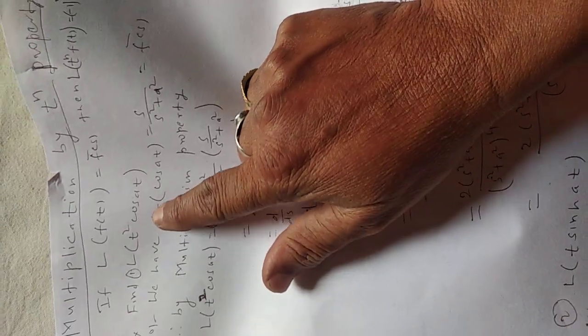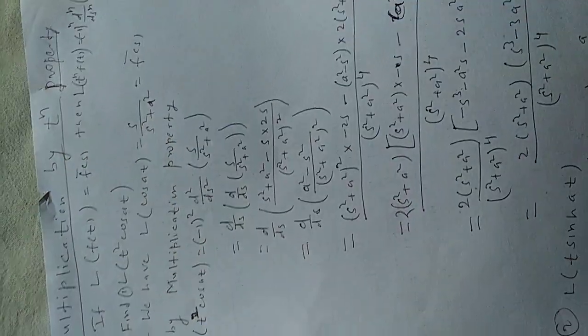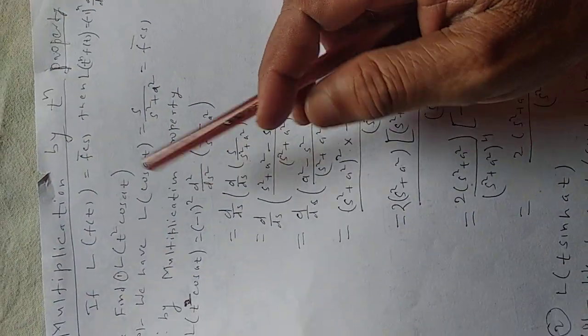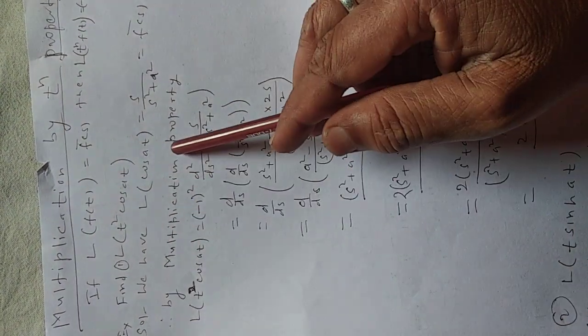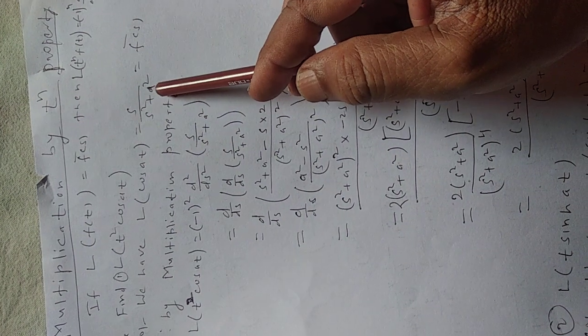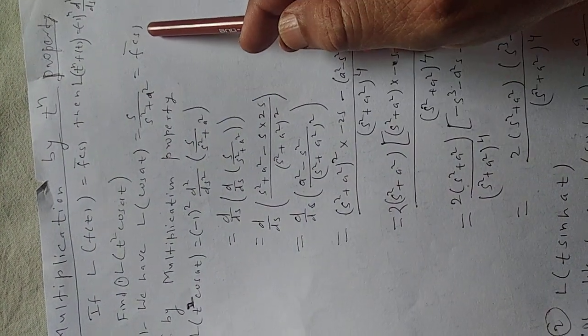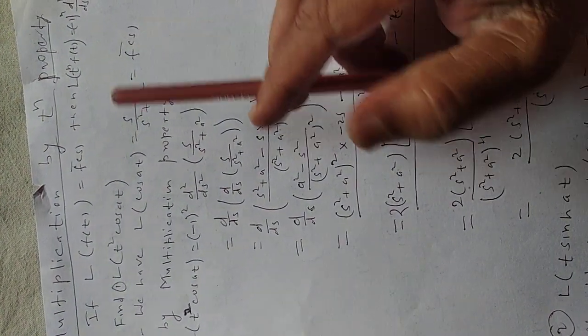Example of this is Laplace of t square cos at. We have to find Laplace of t square cos at. The solution starts like this. We have Laplace of cos at is equal to s upon s square plus a square, which is your f bar of s.